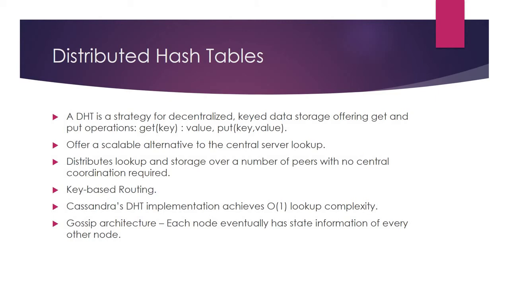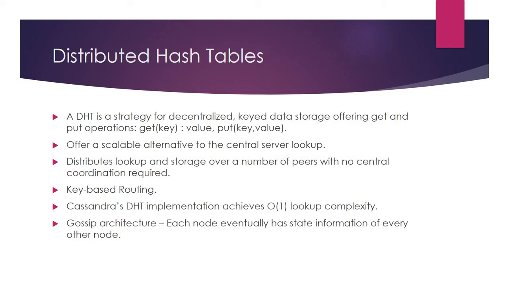There's a large amount of strain in terms of processing power and bandwidth at that node, and there's a chance for the central node to appear as unavailable. So DHTs offer a scalable alternative to this central server lookup.